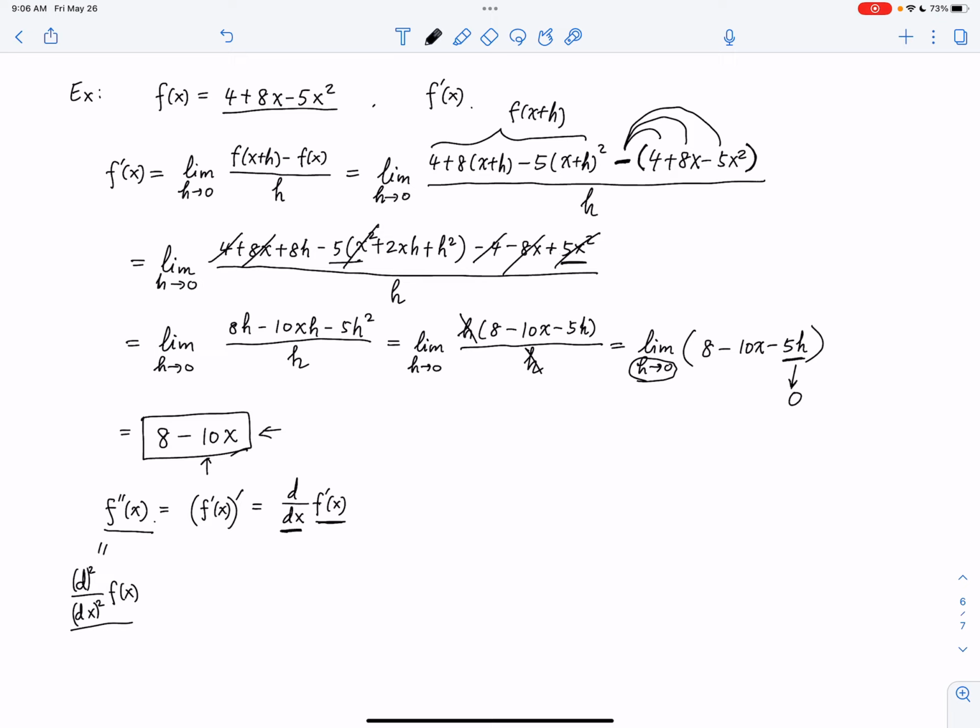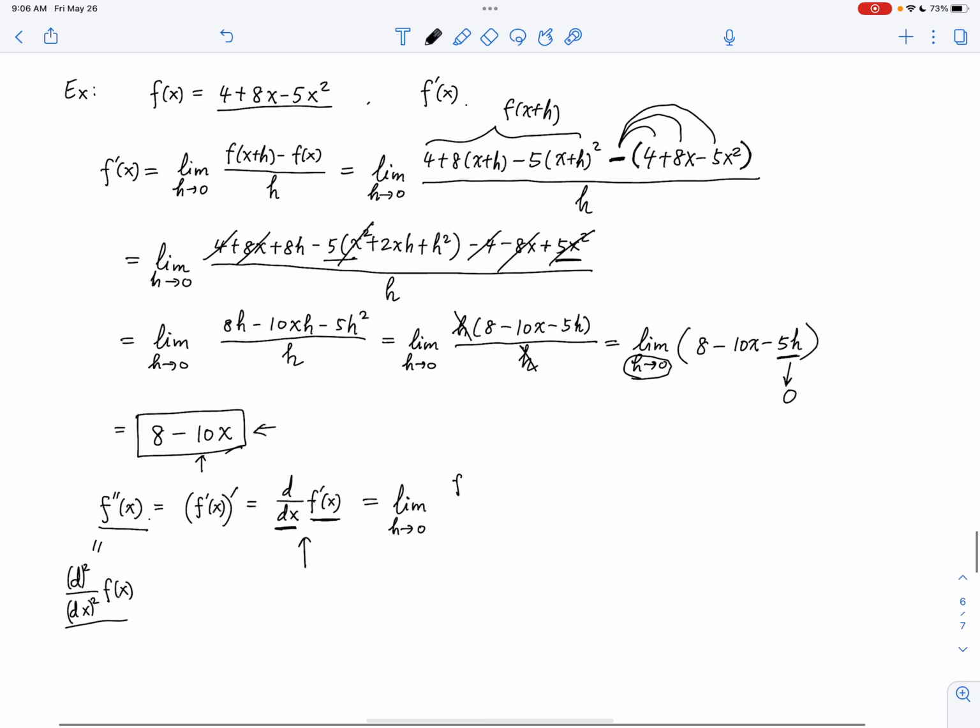So it could be a little bit confusing, but let's see how we get something like that. Right? You just do h goes to 0. Then you take whatever function you want to take derivative. And in this case, it's already the derivative of f. So it's f prime minus f prime x over h.